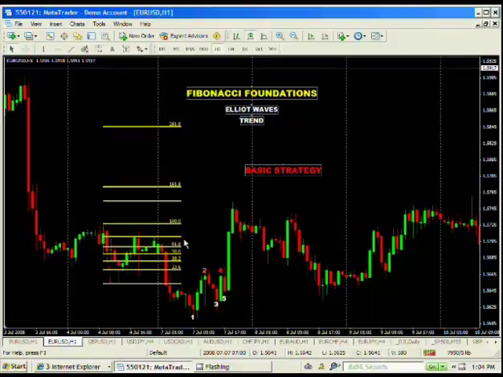Many traders are not really aware of the 78.6 level and how important it is, but it's very important in the currency markets, not so much in other markets that I've noticed, but I've noticed that the currency markets honor this 78.6% level quite frequently, and I believe it's because the market operators are more active.